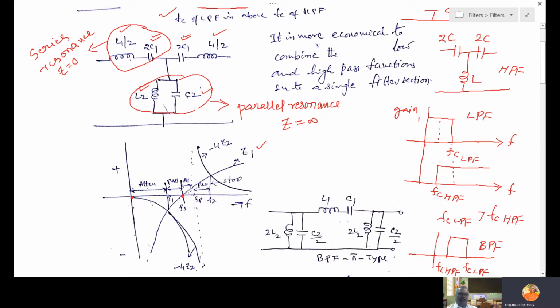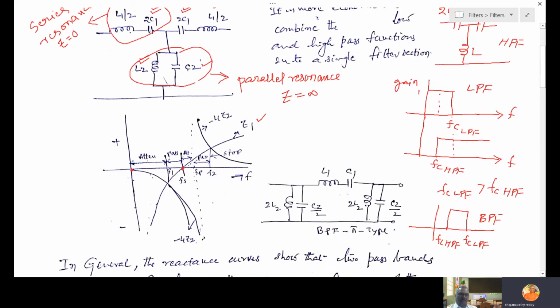At resonant frequency, it will go to infinite. Here we are showing the minus 4Z2 plot. At the resonant condition its value is infinite, going from minus j infinite to plus j infinite, suddenly changing at Fp, P for parallel.